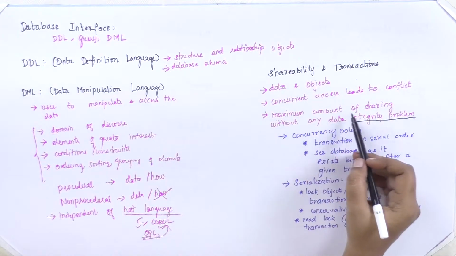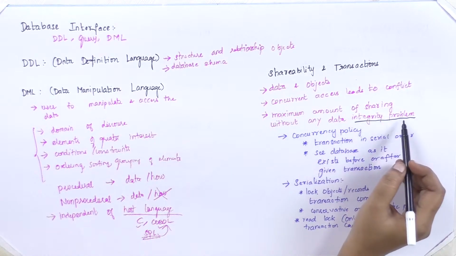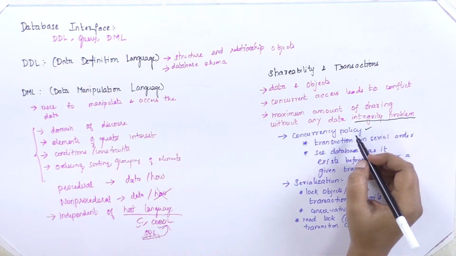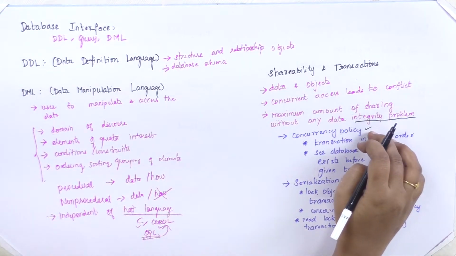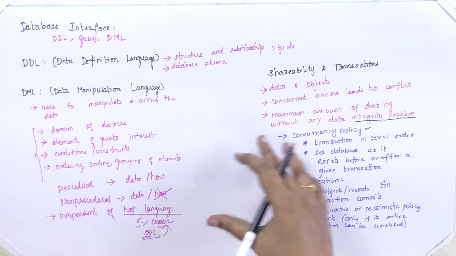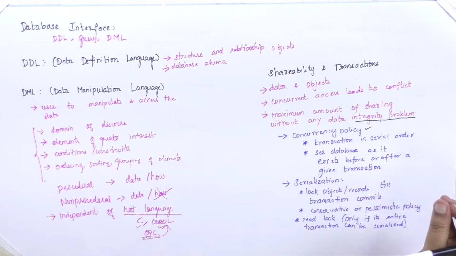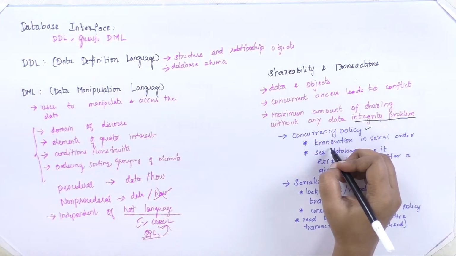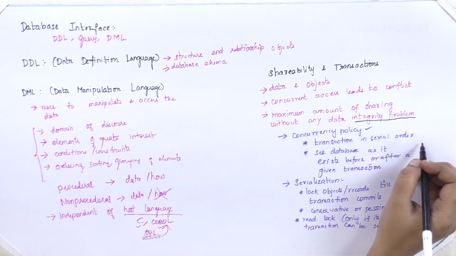To make maximum sharing possible without any data integrity problem, you can use concurrency policies. By using these policies, you should be able to maintain the integrity, or the serial way of accessing the data. In a concurrency policy, a transaction should be done in a serial manner.